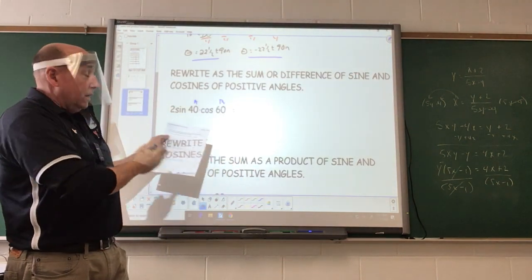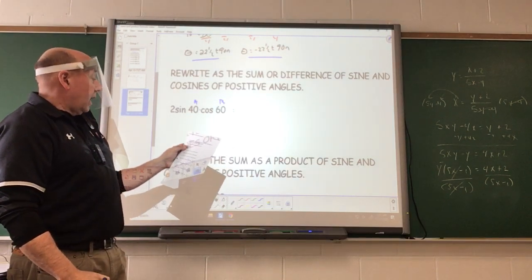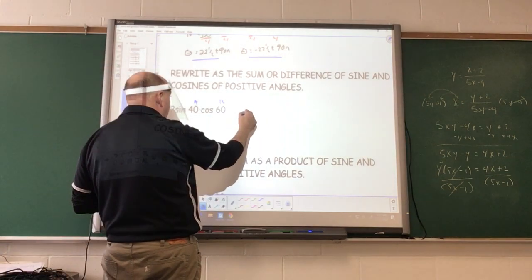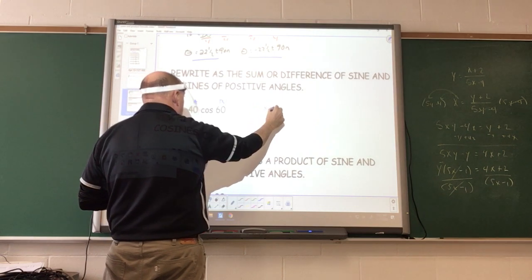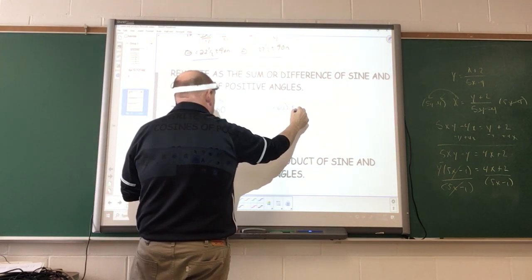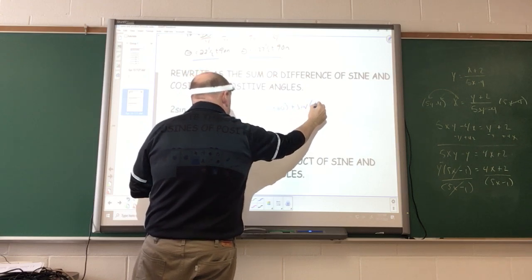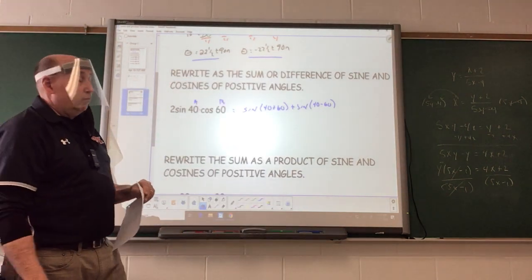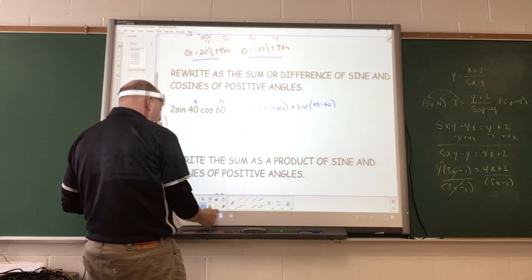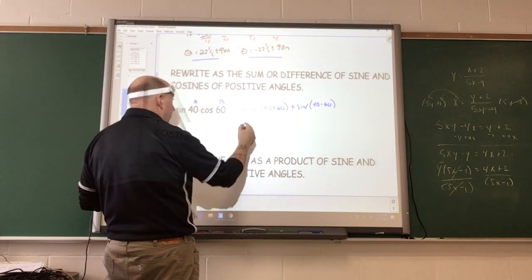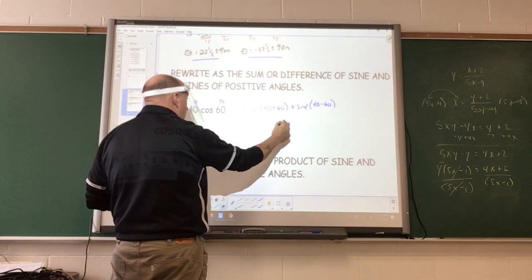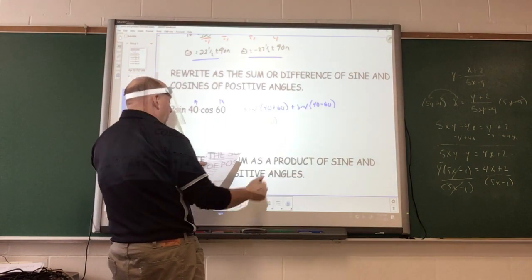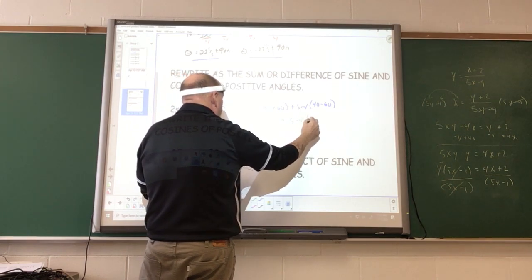So I'm going to take it from the right and just transfer it into my left. So I have sine of A plus B plus the sine of A minus B, which is sine of 100 plus the sine of negative 20.